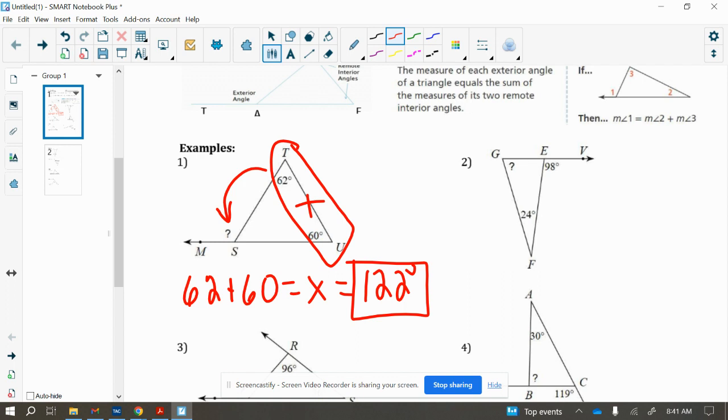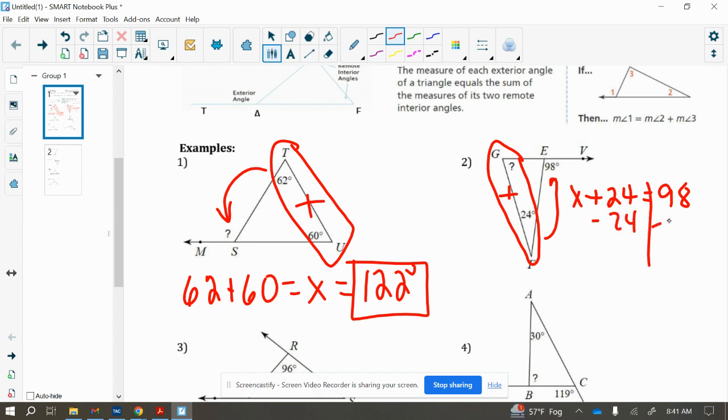And then notice on this one, they gave us the exterior angle. So again, if we add up our two remote interior angles, X that we don't know, angle G, and add it to the other interior angle, that should equal 98. So if we subtract the 24 from the 98, we should get our missing interior angle to be 74 degrees.